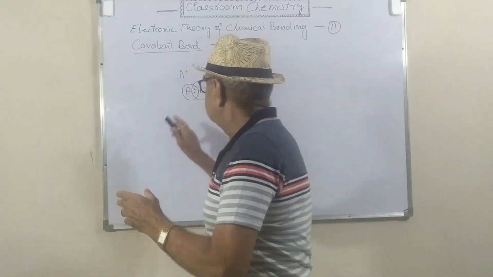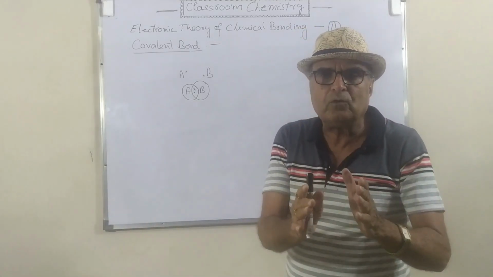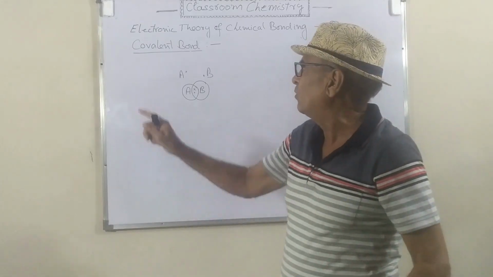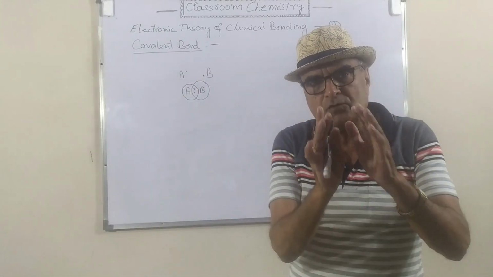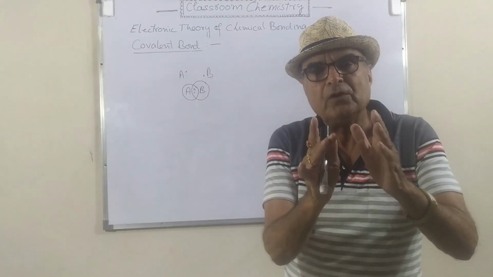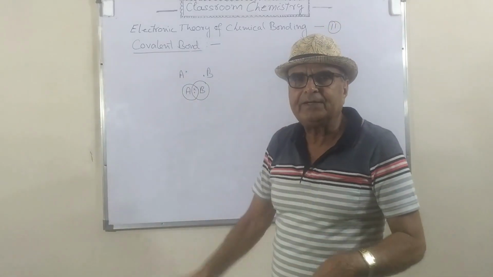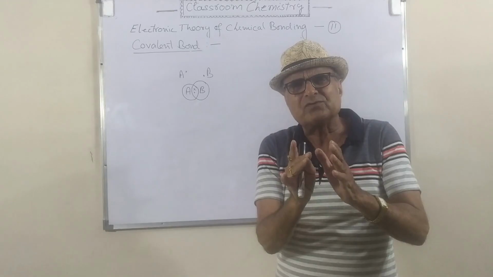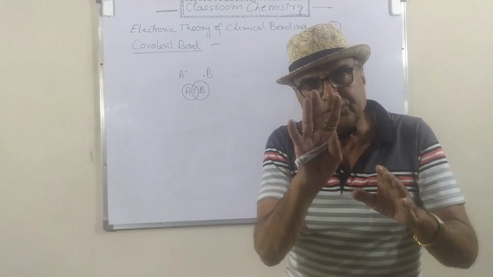So again, one pair of electrons forms one covalent bond, two pairs of electrons form a double covalent bond, and three pairs of bonded electrons form a triple bond.